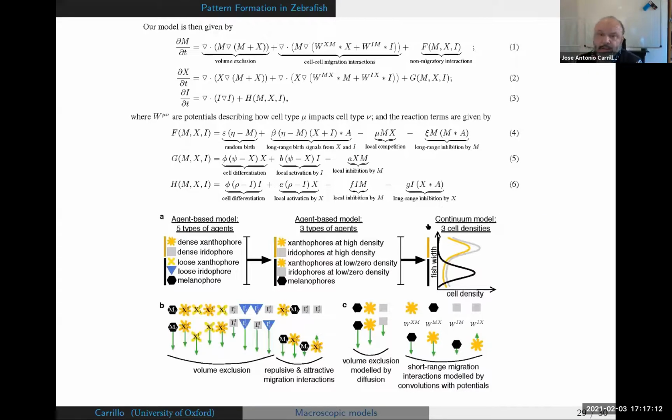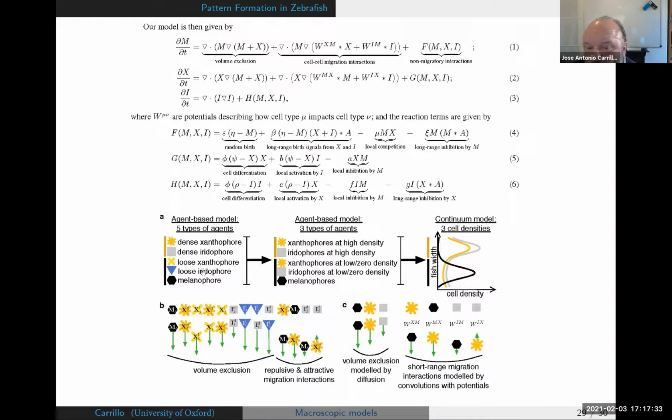Then we continued trying to improve the modeling, and what we did is first to separate the different types of cells into different phases of the cells that are called dense or loose xanthophores and iridophores.